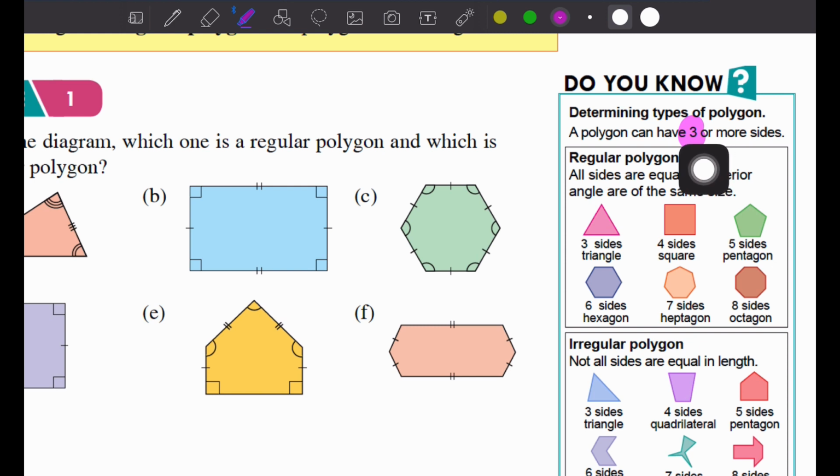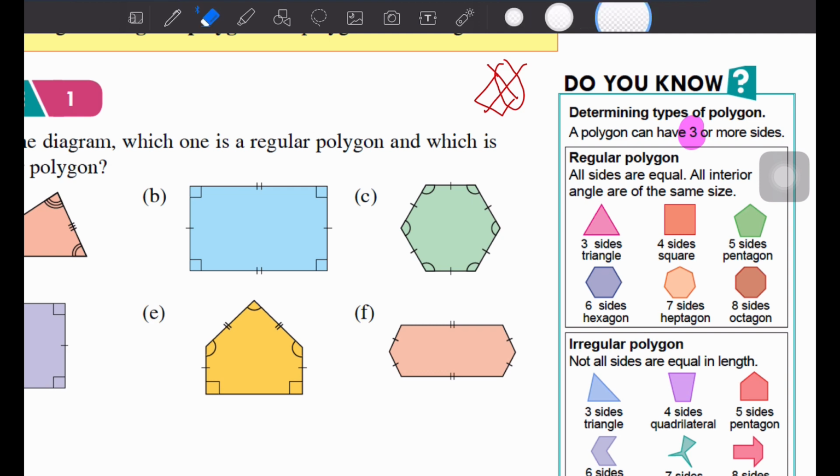Because with 3 sides kita akan ada satu polygon yang tertutup. Kalau dia tertutup, kita boleh panggil dia polygon. Kalau dia terbuka, bukan polygon. For example, 1, 2, 3, 3 sides tapi dia terbuka. So this is not a polygon. Remember that.